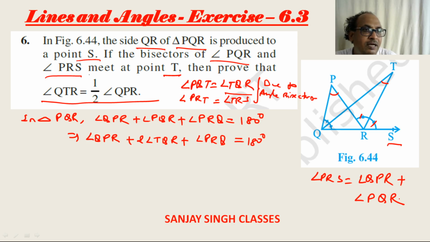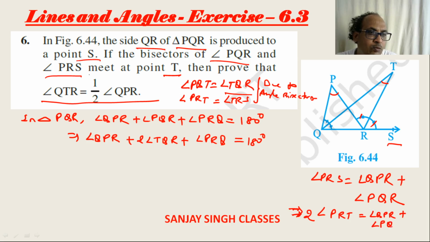And angle PRS can be written as 2 times this angle, PRT. So 2 times angle PRT is equal to angle QPR plus angle PQR.